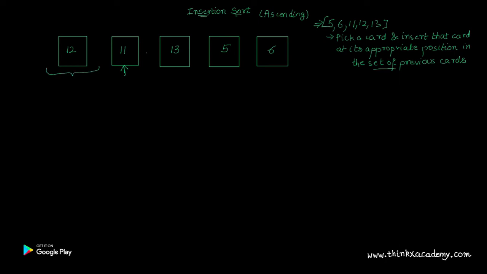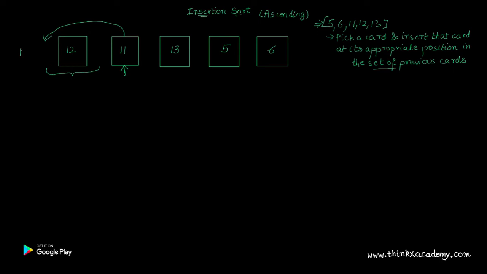So we are going to pick up this card first. We have picked 11, and we are going to place this card at its appropriate position. Since in ascending order the previous element has a value lesser than the next value, as a rule we will have to place this card over here.